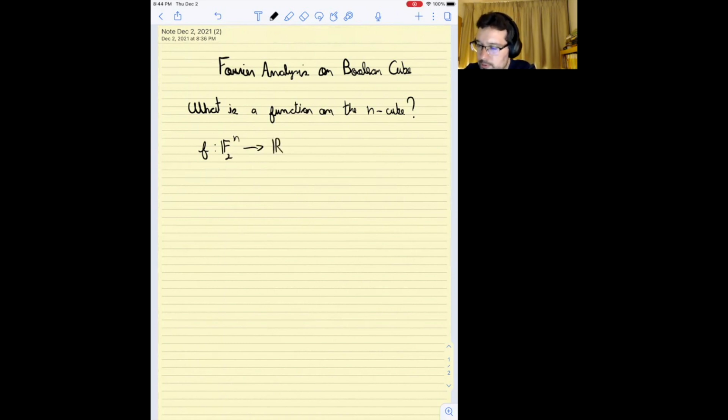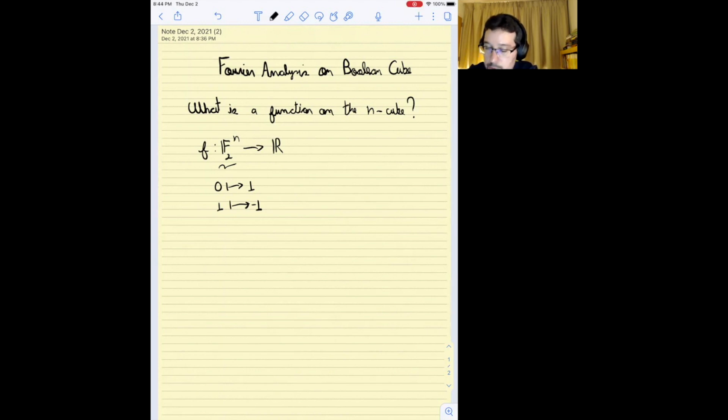And it's very convenient when you're dealing with Fourier analysis to work on the plus minus one basis. So here we would have binary strings, right? F2 to the n, but sometimes it's very convenient to map a 0 to a 1 and a 1 to a minus 1. And you're mapping using the non-trivial character of F2, right?